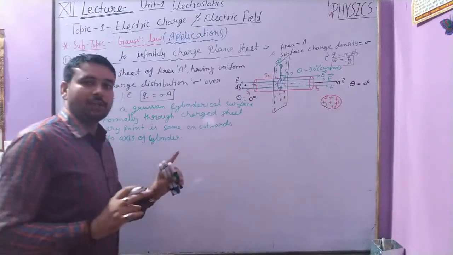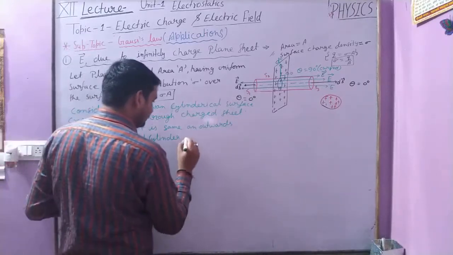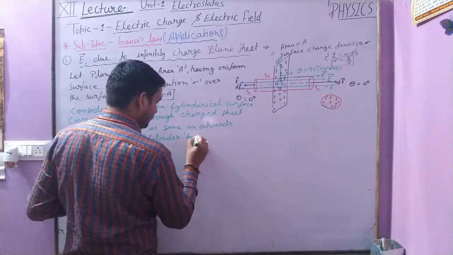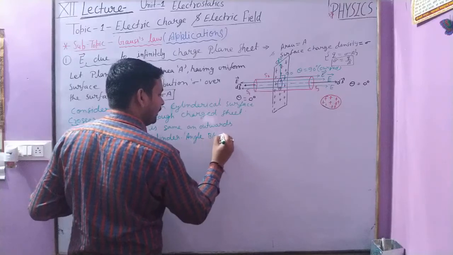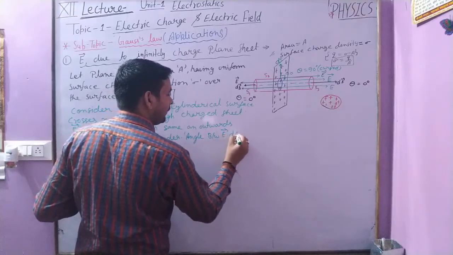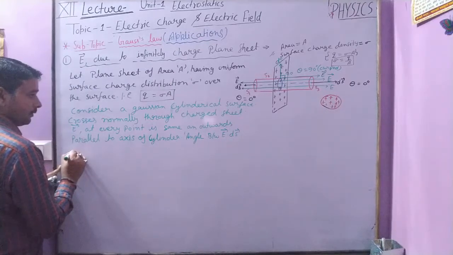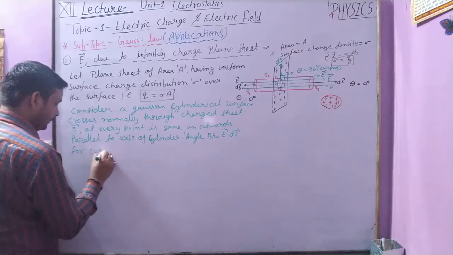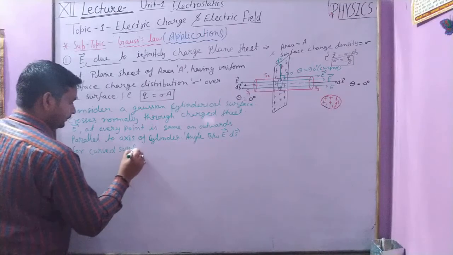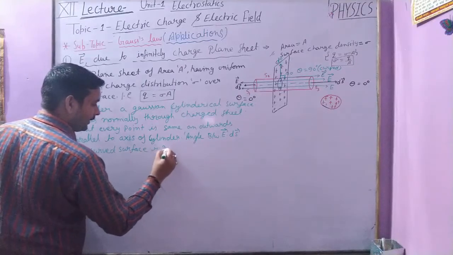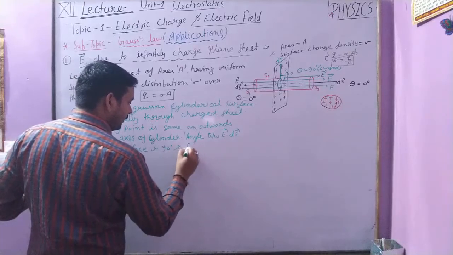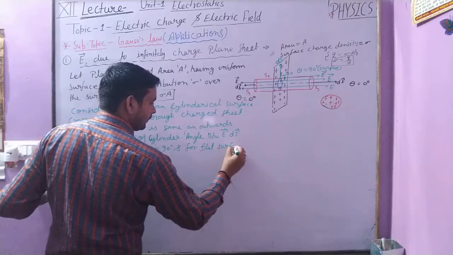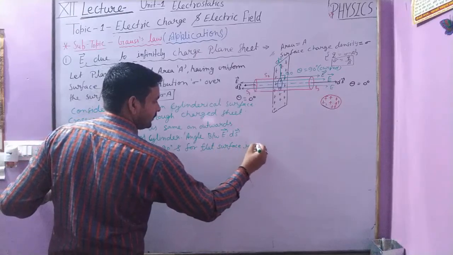Now specification about the angles. The angle between vector E and dA for curved surface is 90 degree and for flat surface is 0 degree.